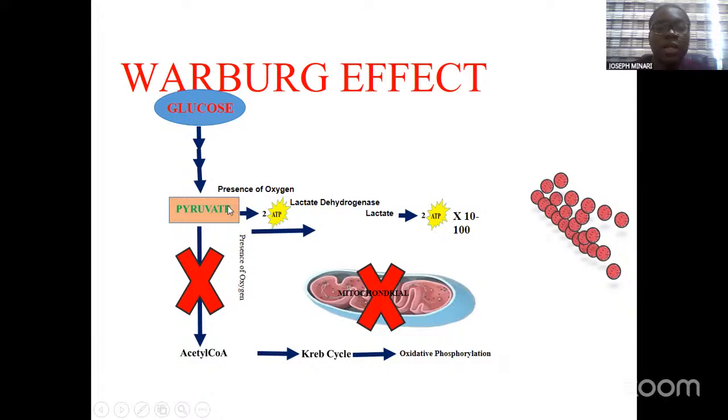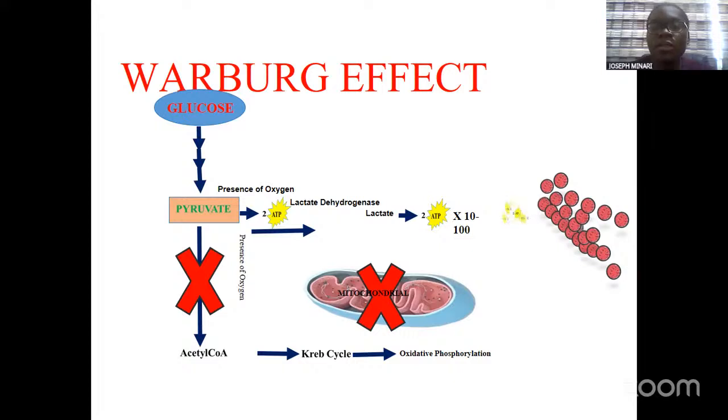But in this particular case, in the presence of oxygen, pyruvate through lactate dehydrogenase can actually be converted to lactate, thereby circumventing the normal pathway of moving straight to the Krebs cycle and oxidative phosphorylation. So there is a bypass of the pathway that leads to massive production of ATP. And this is majorly found in cancerous cells.